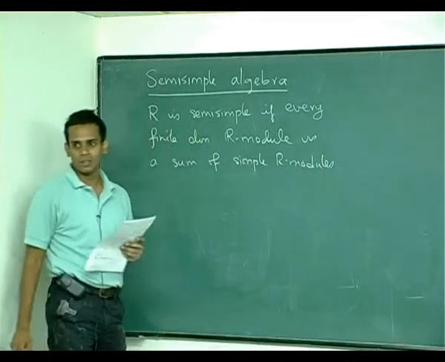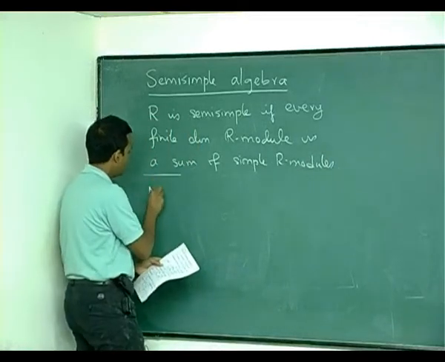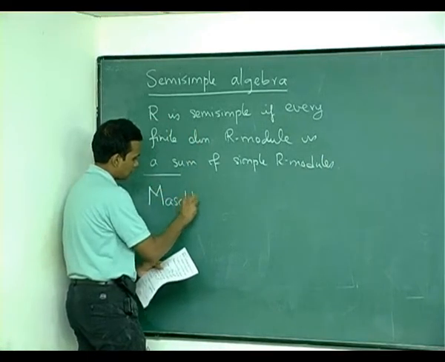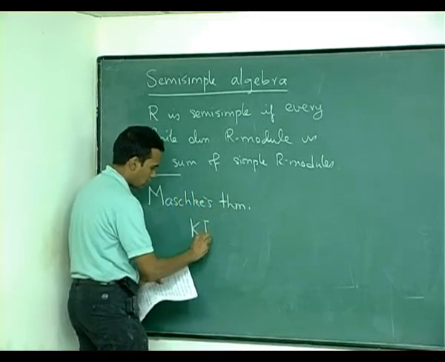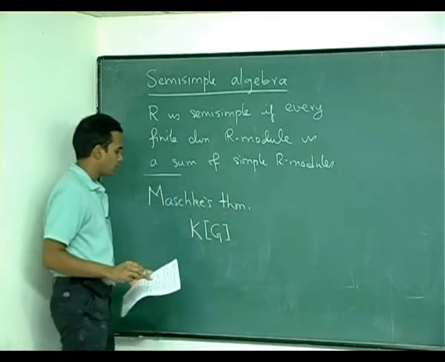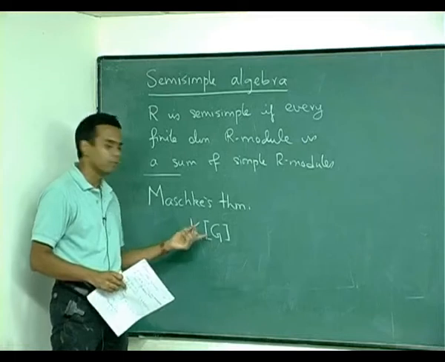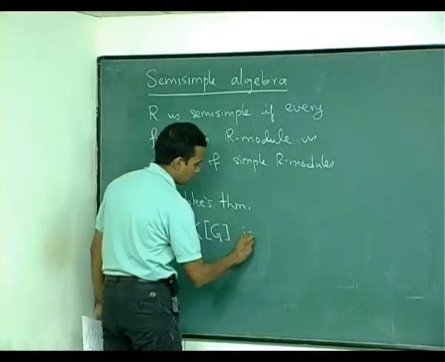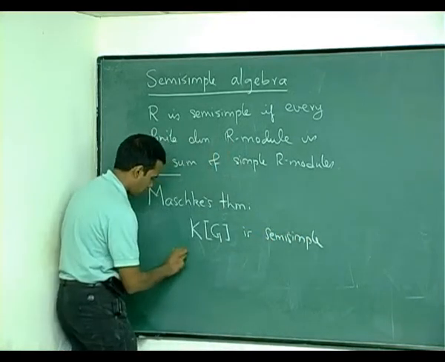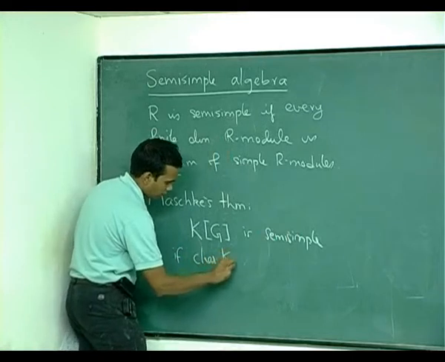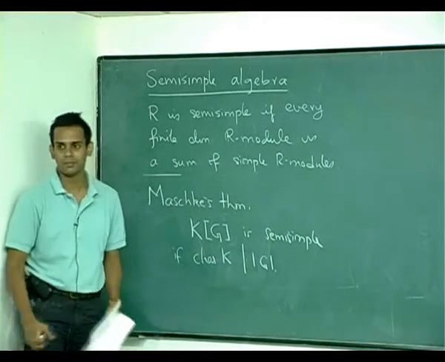From this point of view, the content of Maschke's theorem is that KG, the group algebra of a finite group G, is semi-simple if the characteristic of K does not divide the order of G. Actually, this is an if and only if.